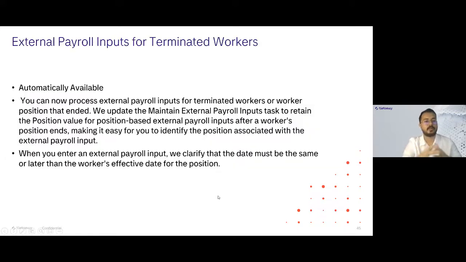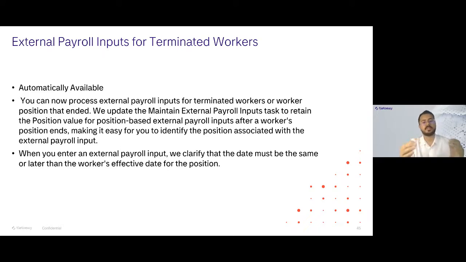Then we would move on to the next feature, that is external payroll inputs for terminated workers. So you can now process external payroll inputs for terminated workers or worker positions that ended. Workday has updated the maintain external payroll input task to retain the position value for position-based external payroll inputs after a worker's position ends.